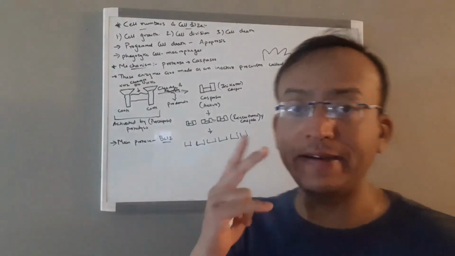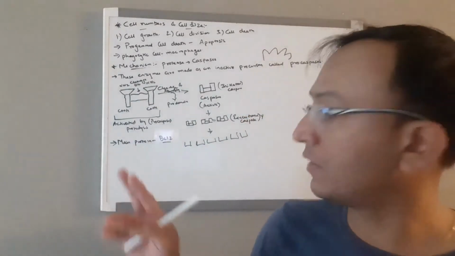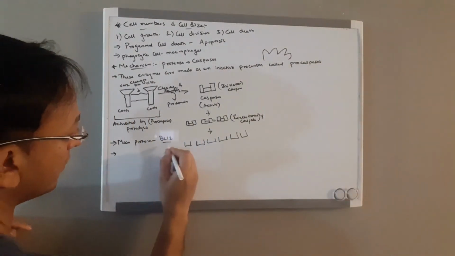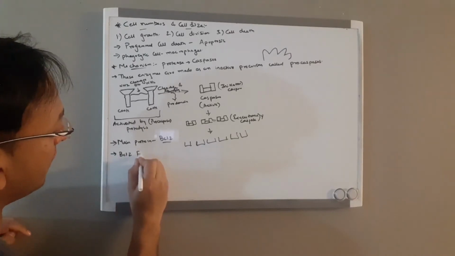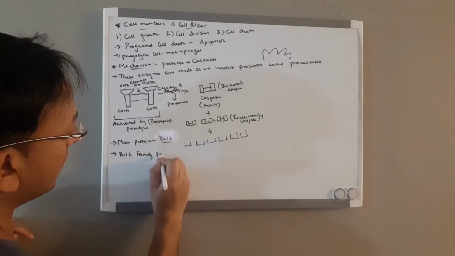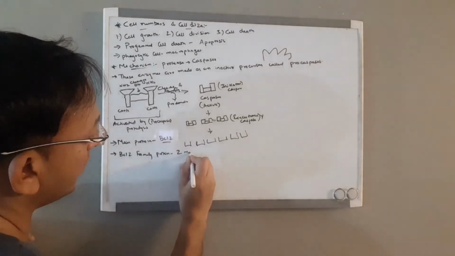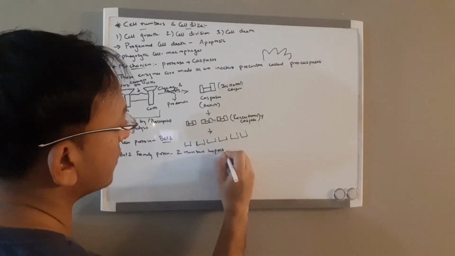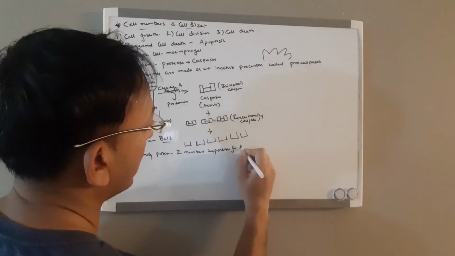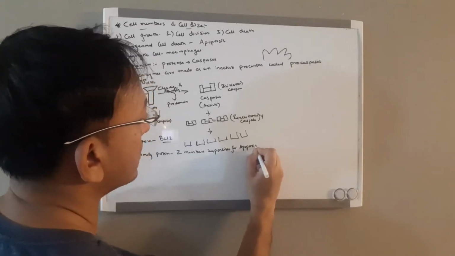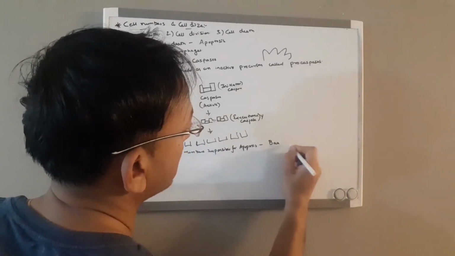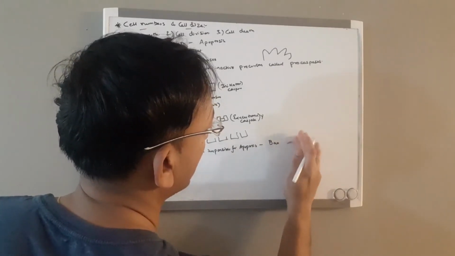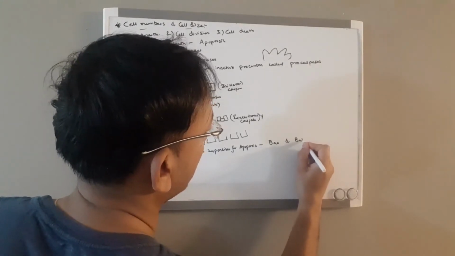So the two most important death proteins from this family, the two members responsible for apoptosis, are BAX and BAK.